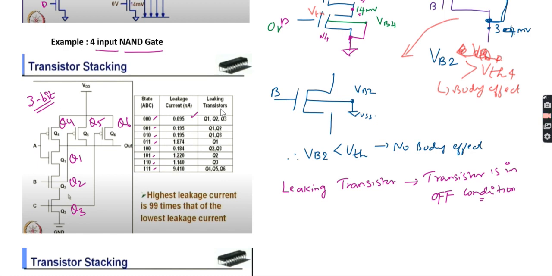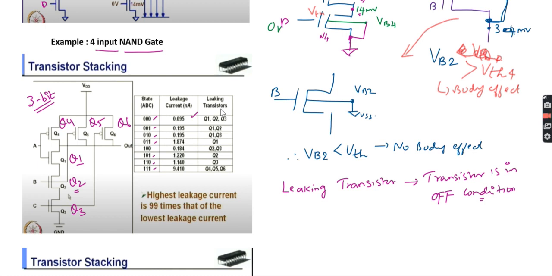Now when you go for 001, which is the leakage transistor here? If I say the transistors Q1 and Q2, correct, because one transistor is on. You may ask the question, why not Q6?